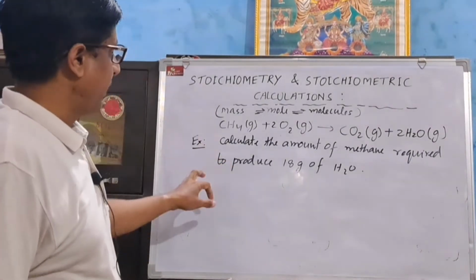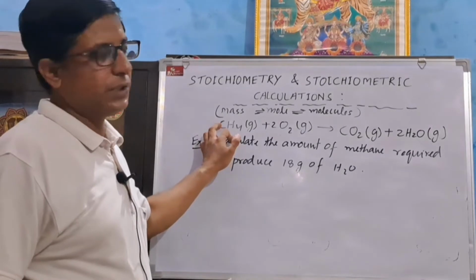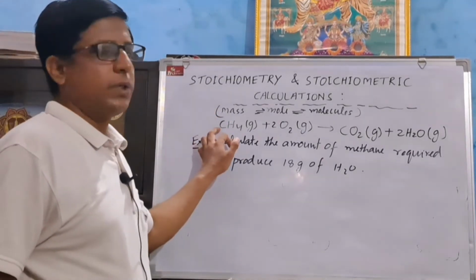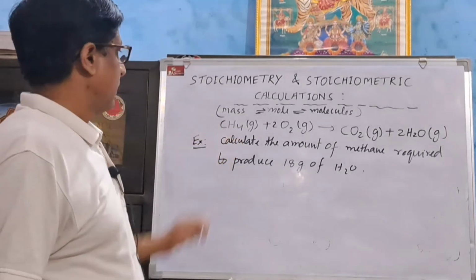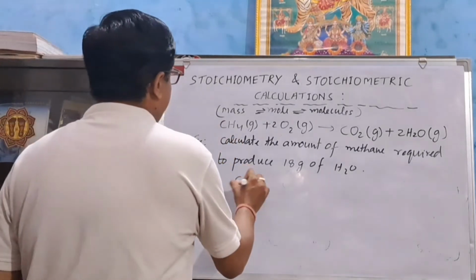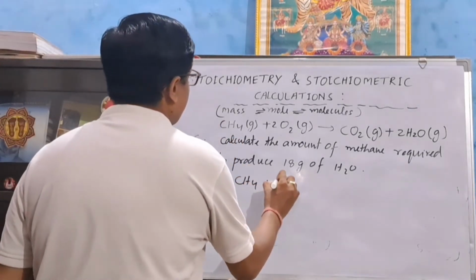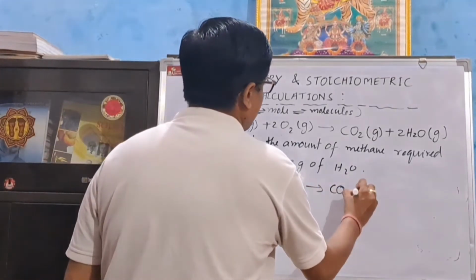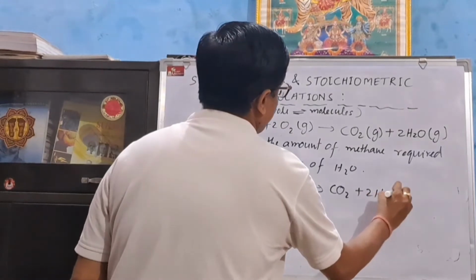So, first we write the balanced chemical reaction for the combustion of methane. The balanced chemical reaction is CH4 plus 2O2, which gives CO2 plus 2H2O.